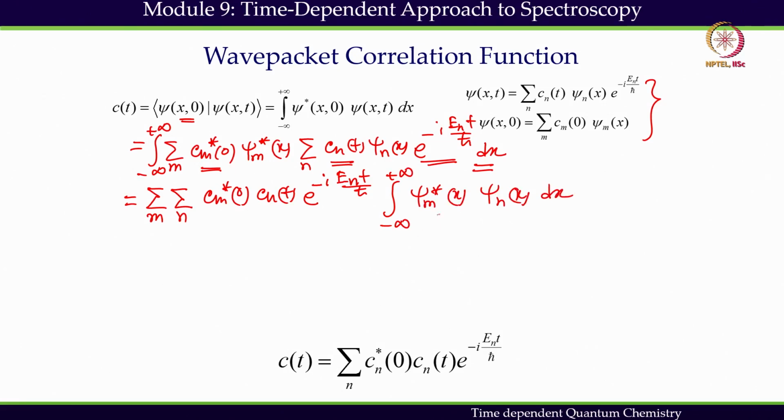We can recognize what psi m and psi n are. They are the stationary states of the Hamiltonian H. We are still considering a time independent Hamiltonian, which means it has no explicit time dependence.